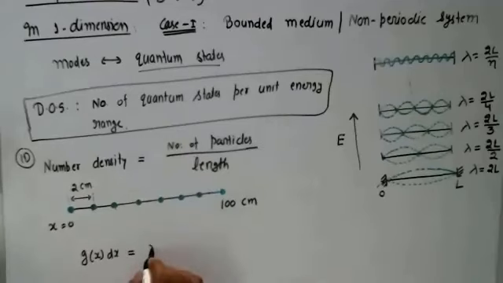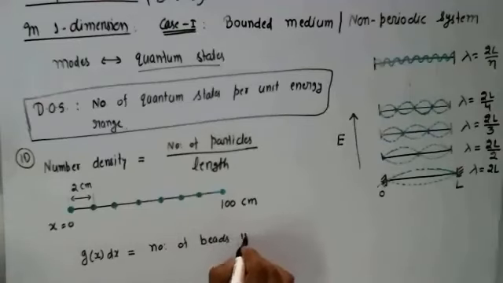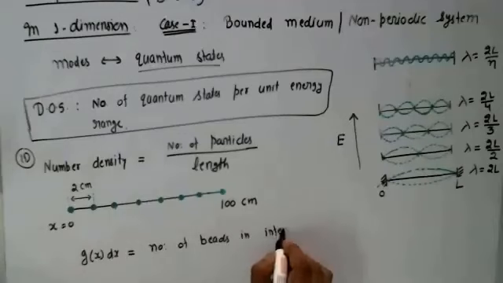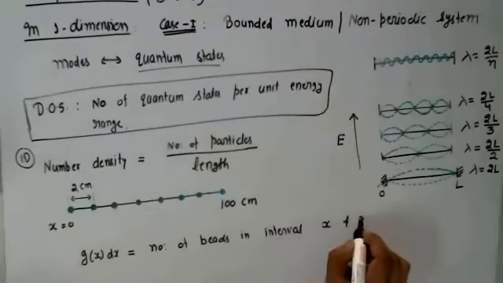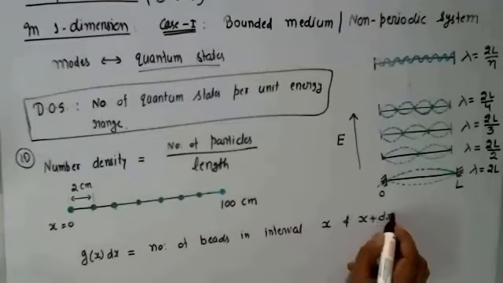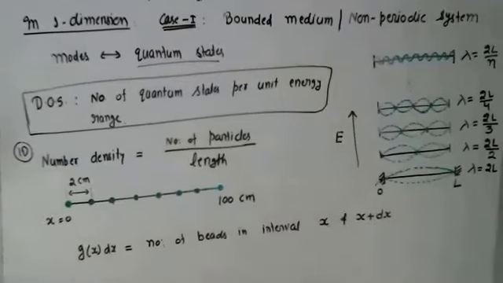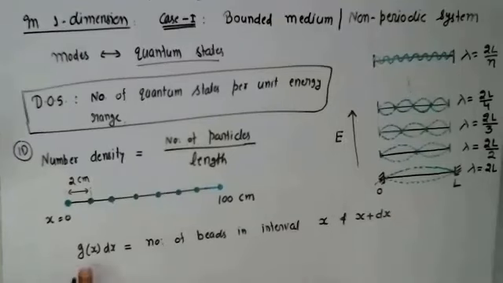This is the number of beads in the interval x and x plus dx. So I define a function g(x) dx as the number of beads in the interval x and x plus dx.